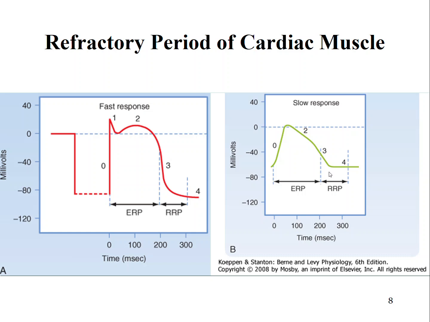So it has a lower probability to generate an action potential, because far into phase 4 there is no condition in which we could generate another action potential. So the refractory period in the slow response is longer than in the fast response.